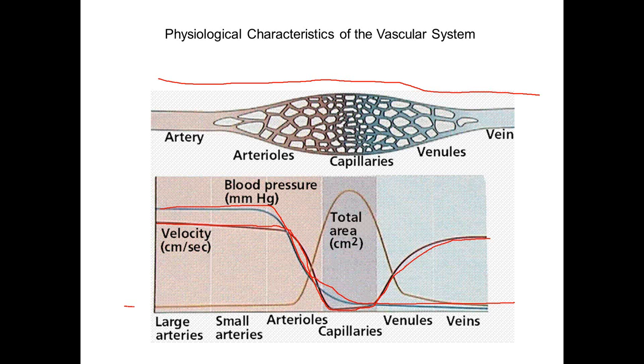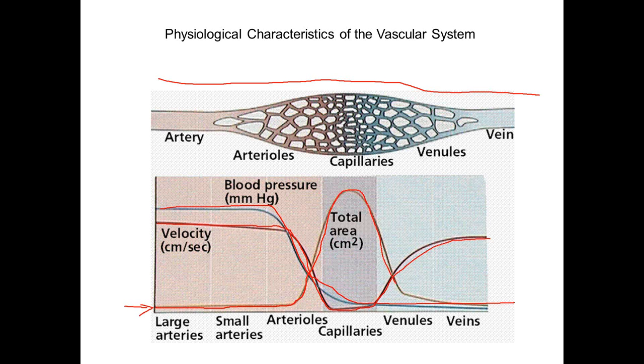The brown line here is showing you another thing altogether. That's showing you the surface area of those vessels. So the surface area of the large arteries is quite small. Similarly with the small arteries, but when we get towards the arterioles, we see this dramatic increase in surface area as the arteries split into many hundreds and thousands of arterioles and then millions of capillaries.